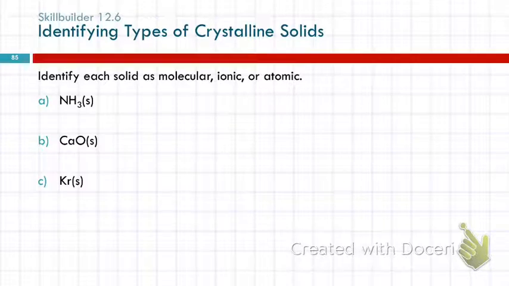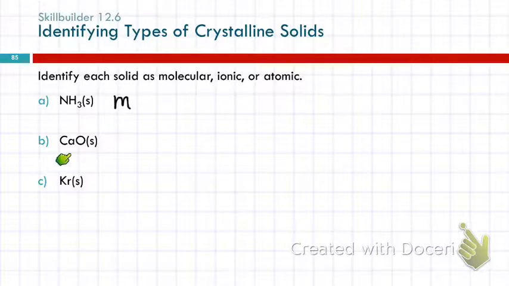If it has a metal in it, it's probably ionic. So if we look at this one, NH3, that's a compound, right? Not an element. It's got two nonmetals, so it's a molecular compound. That means it's a molecular solid. So we'll just put M for molecular.